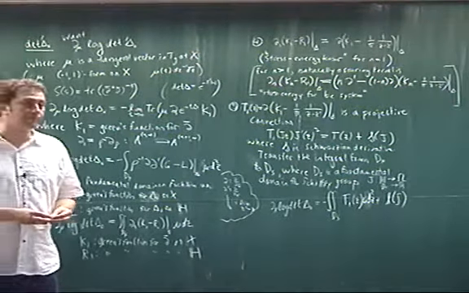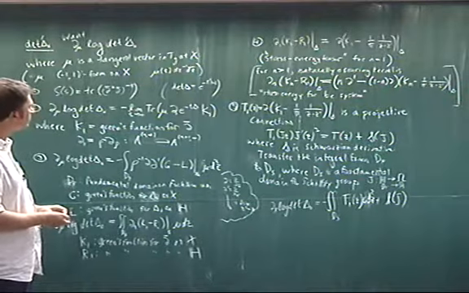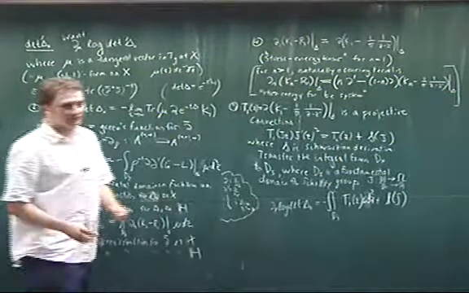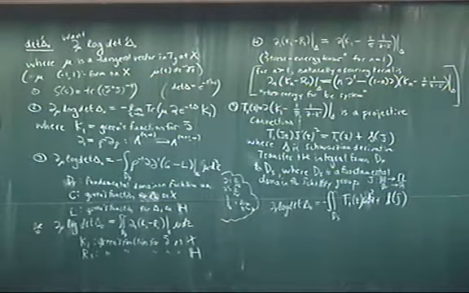Pardon me? Oh, yes. I see what you're saying. Right. Sorry. Yes. Sorry. Thanks. J is a map from H to omega.